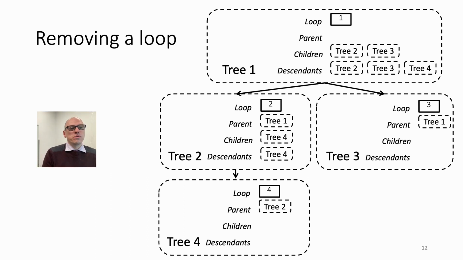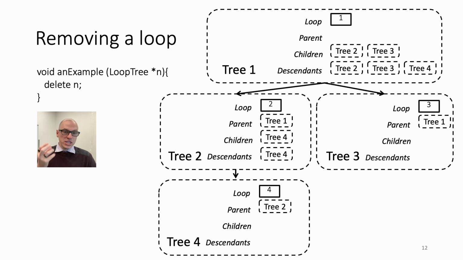So what we can do is identify the specific tree that we want to get rid of. In particular, we want to get rid of a node of a given tree. So in this case, we want to remove, for example, tree 2 from the overall tree. By simply deleting the object tree 2, the LoopTree abstraction of NOELLE will automatically patch the tree.